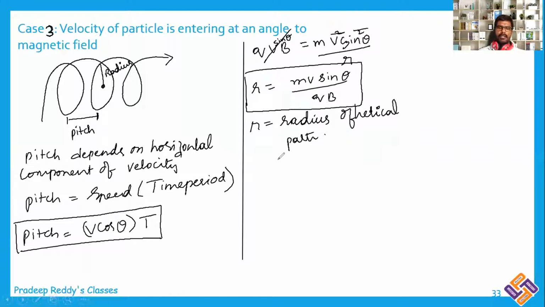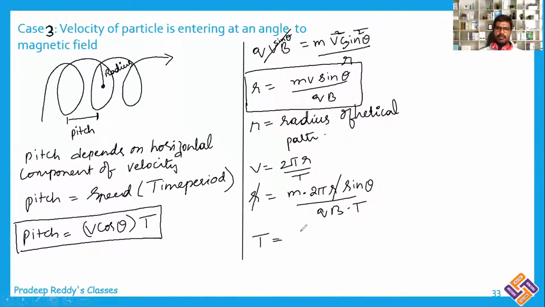Now you can write V equal to 2 pi R divided by capital T, which I can substitute here. R is equal to M into 2 pi R sin theta divided by Q into B into capital T. This R gets cancelled. T can go here. T is equal to 2 pi M sin theta divided by Q into B. This is the equation for the time period of the helical path, right?